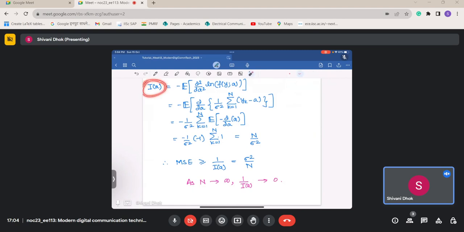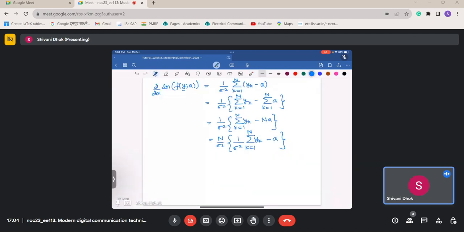This IA is equal to n by sigma square. So this thing here is your IA. Now if you observe this term is a function of y only. So this is basically your g of y. It can be a function of other constants but not a function of A.